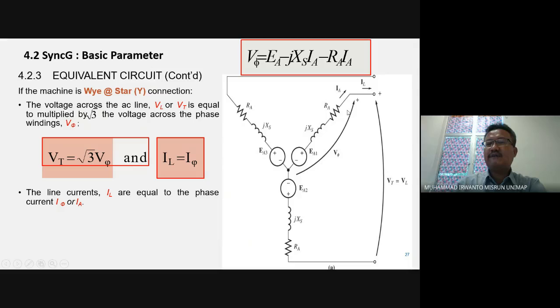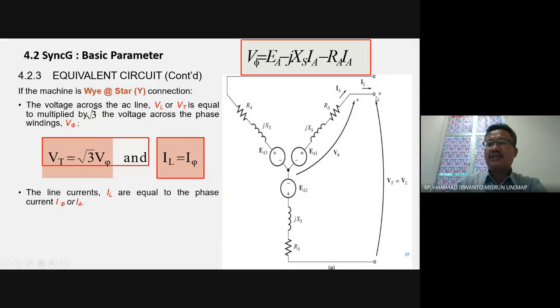Remember the relationship for a synchronous generator with Y connection: the line current is equal to the phase current, meaning the current flowing through the phase, IA or I phase, is equal to the line current IL.